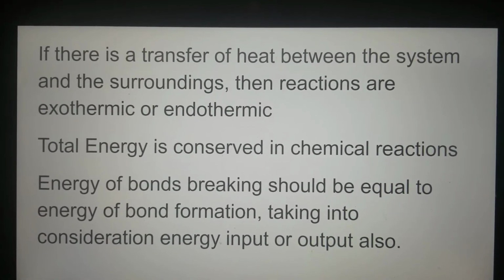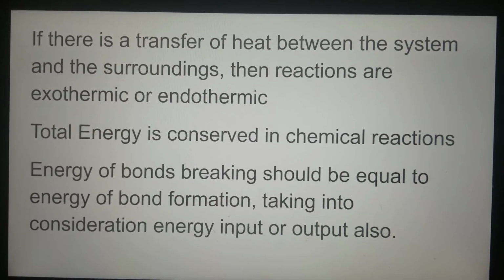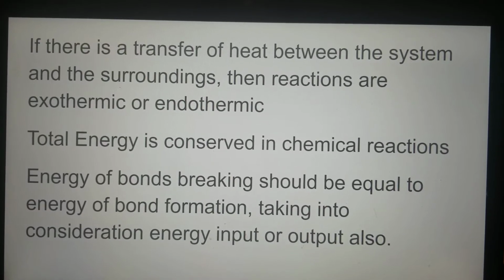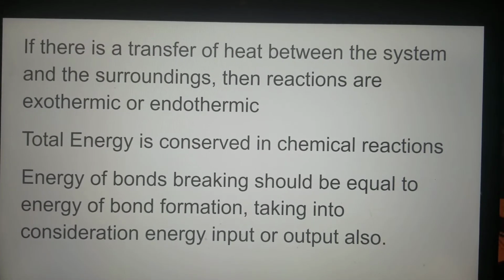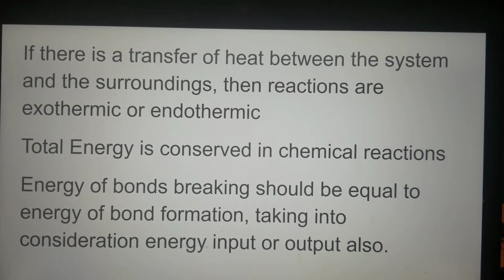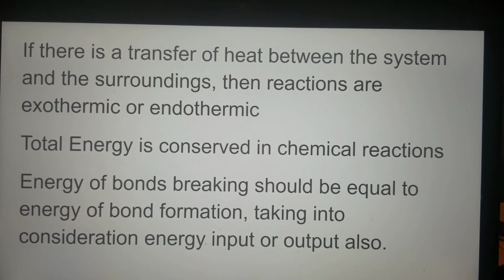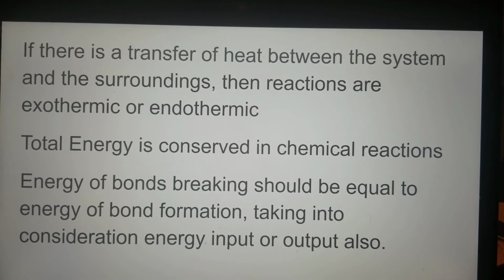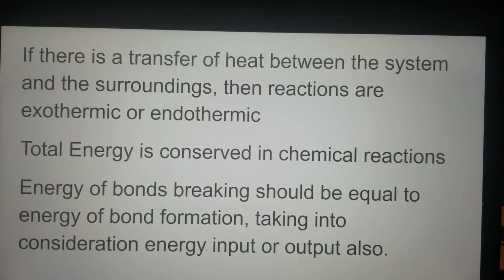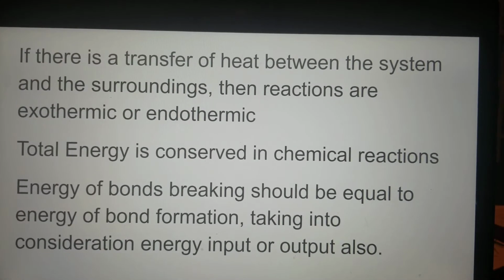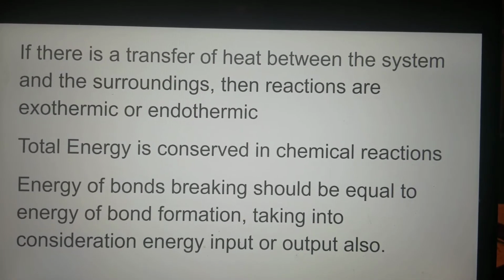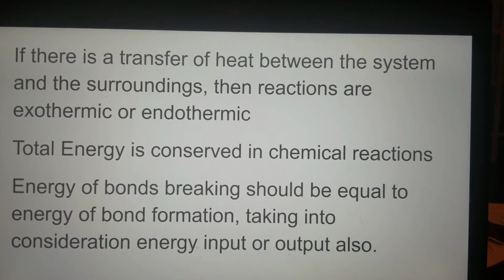Okay. All right, here we have, at the very bottom here, we have energy of bonds breaking should be equal to the energy of the bond formation. What that means is that when a chemical reaction is taking place, the reactants are originally breaking their bonds. They break their bonds first, because then they'll be able to move around and get rearranged and form new products.